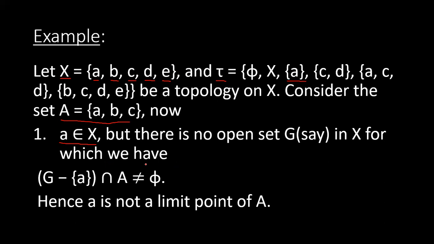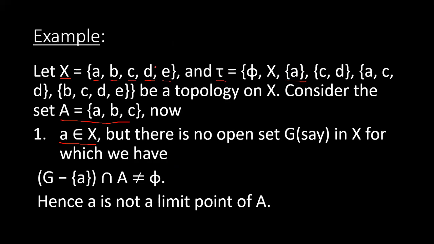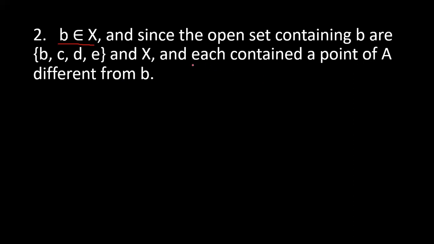Similarly, now we check b. b is an element of X, and the open sets which contain b are {b, c, d, e} and X. Both of these open sets contain a point of A different from b.